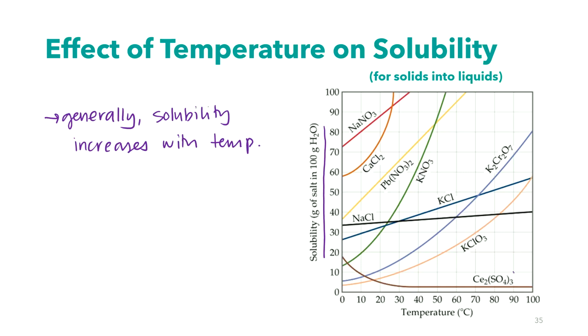We have one oddball down here that doesn't follow that trend, and once we get to chapter 19 and we get into the real details of entropy and enthalpy, we could discuss that, but for now, just know that it goes the opposite direction. Generally, temperature is going to increase the amount of solute we can put in our solvent.